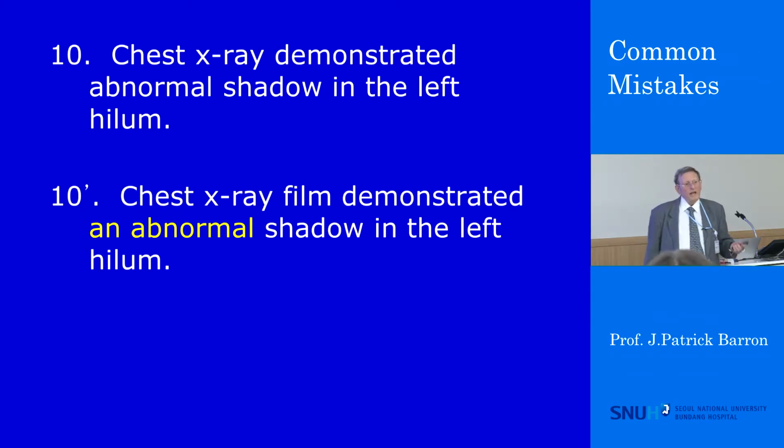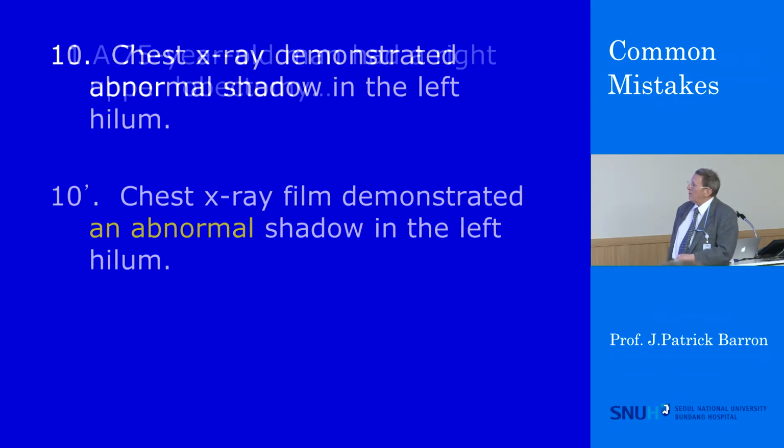In Britain, America, Australia, there are first-rate journals, second, third, and fourth. And some of them have pretty bad English. So in the New England Journal of Medicine, you'll never see this. You'll see this, an abnormal shadow in the left hilum.